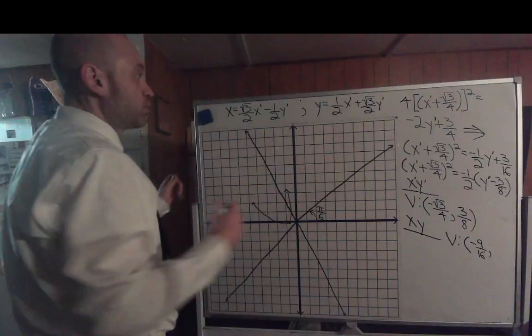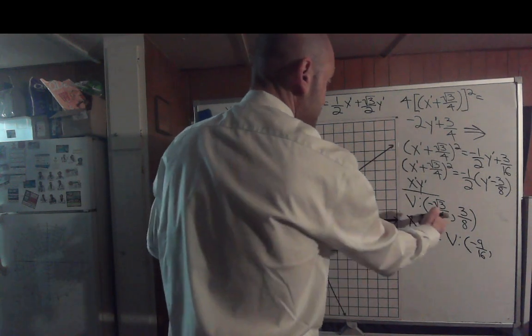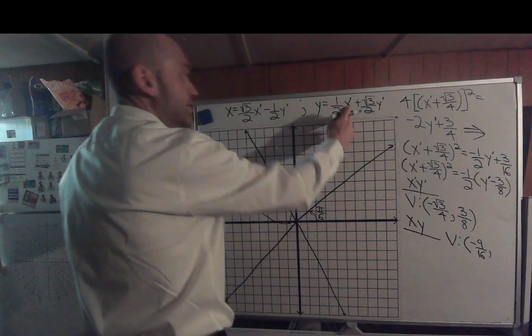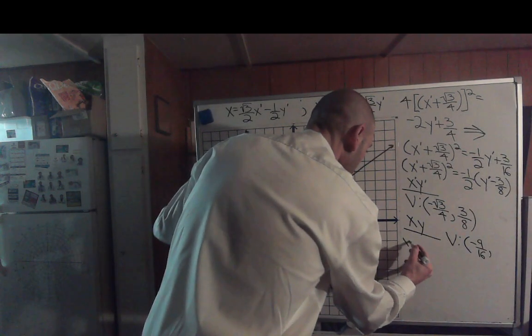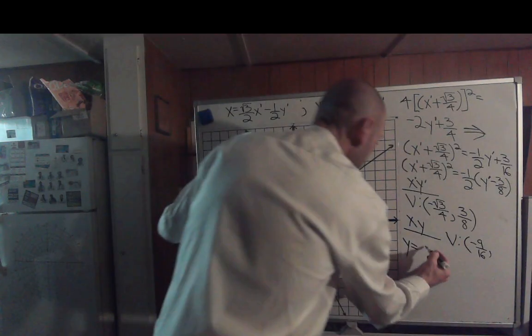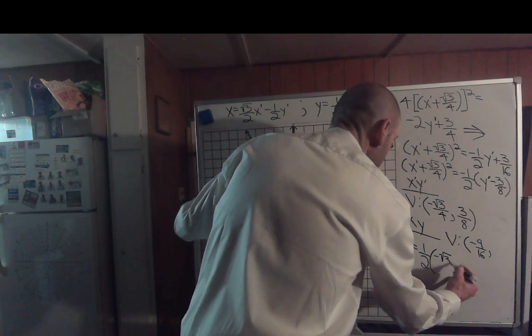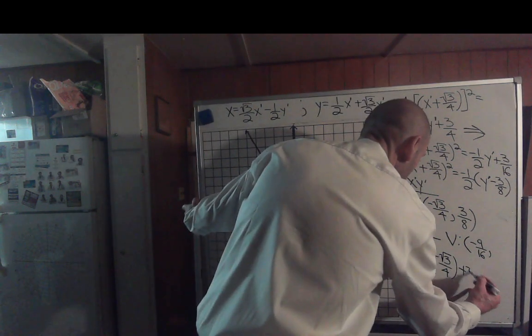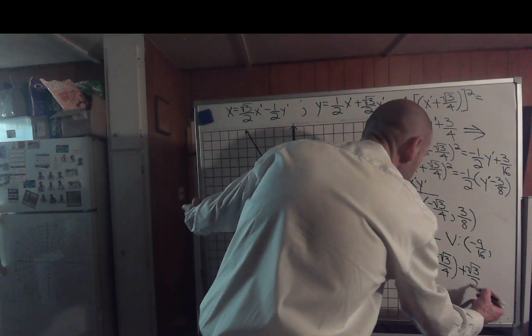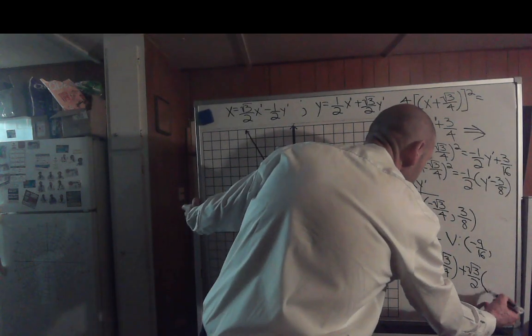So the y coordinate, I'll take all those values of x prime, y prime, substitute them in for y. So y is going to equal 1/2 of my x prime, which is negative square root of 3 over 4, plus the square root of 3 over 2 times my y prime, which was 3/8.